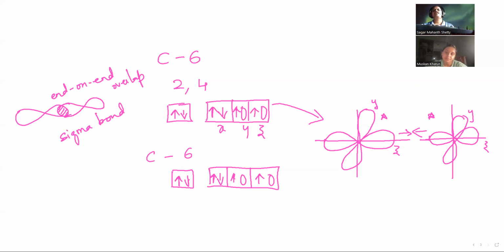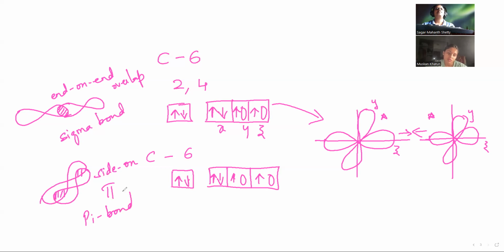Similarly, now I have Y orbitals here, which are sidewards like this. The overlap is going to be slightly different from the previous one. This is called a side-on overlap, and this bond formation is called the pi bond.